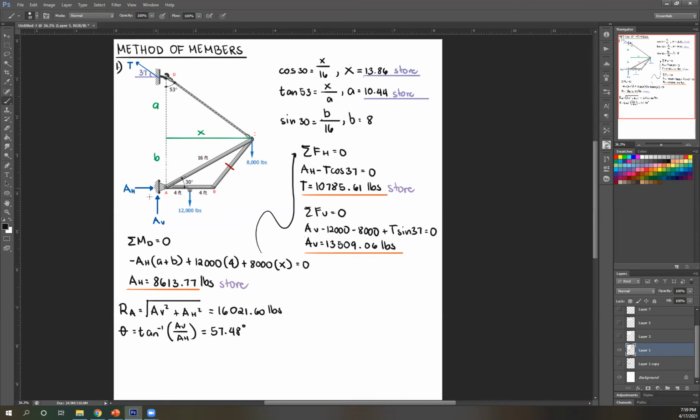AV is positive upward. AH is to the right. Again, positive answers, therefore correct assumption for reactions. So therefore, it's upwards to the right. So you can write out the whole word upwards to the right, or you can just denote it this way. So there. These are your first answers. And don't forget, this is also one thing we're looking for.